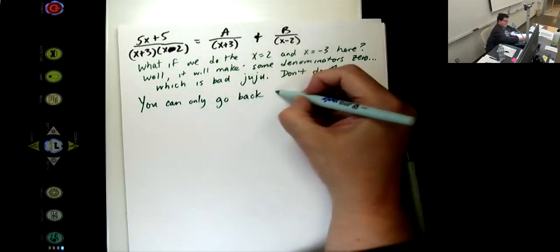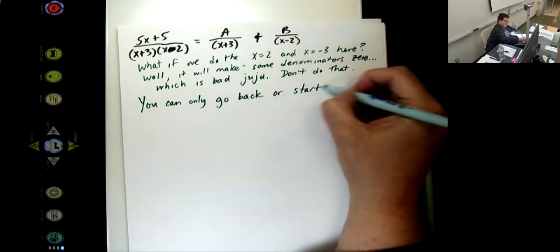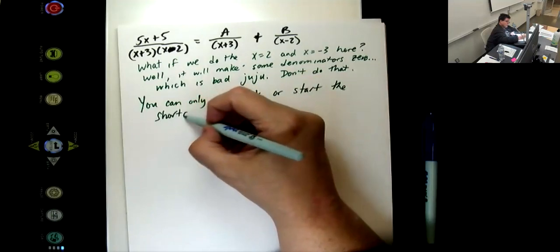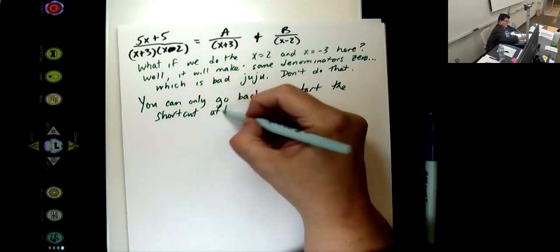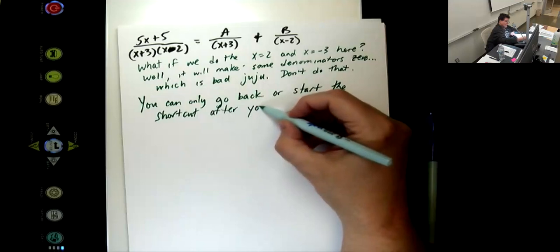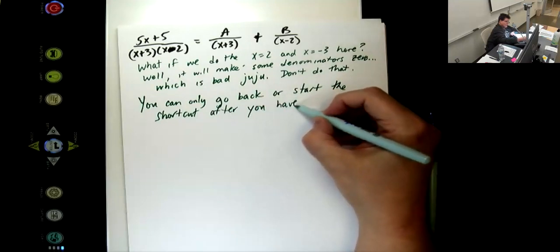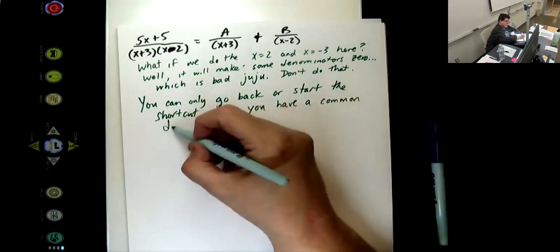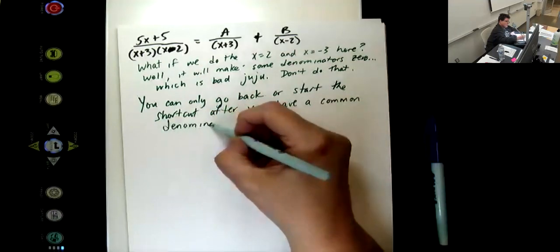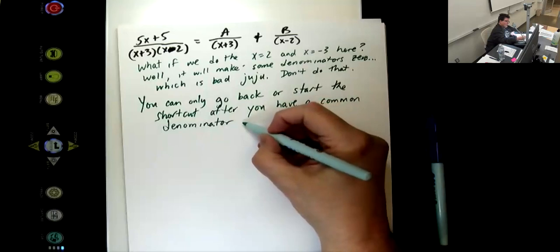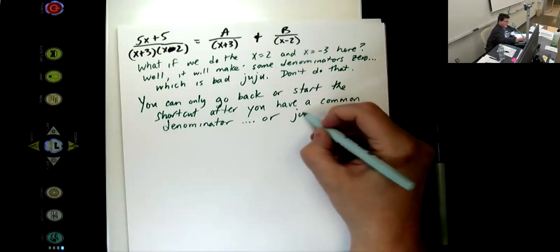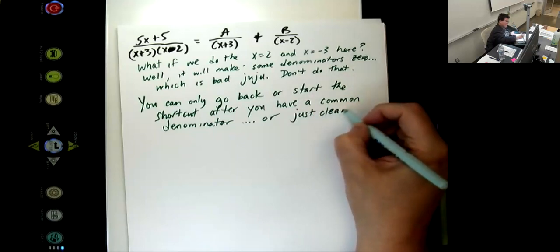Or start the shortcut at a certain point, after you have a common denominator. Or just clear the fractions.